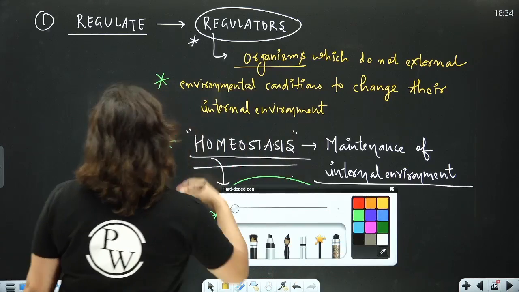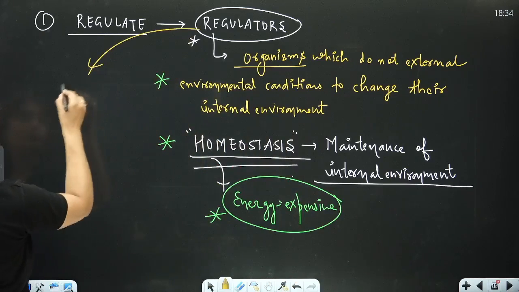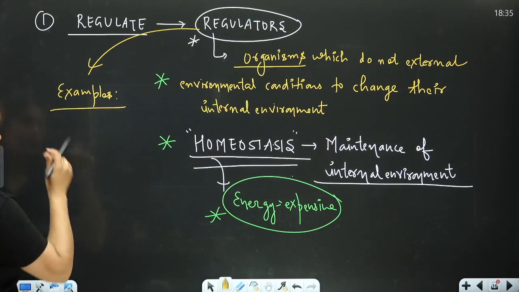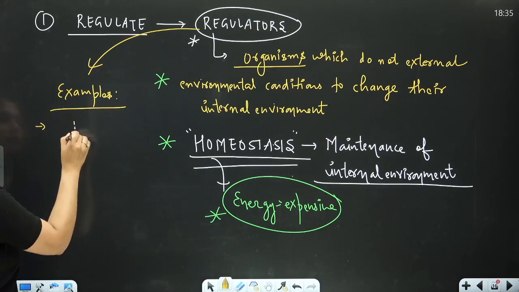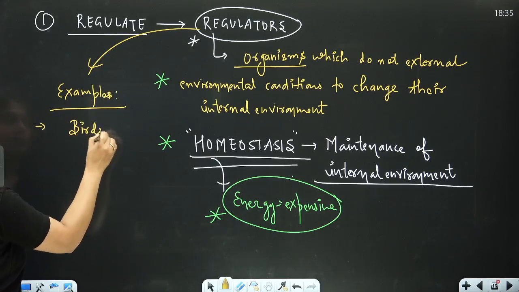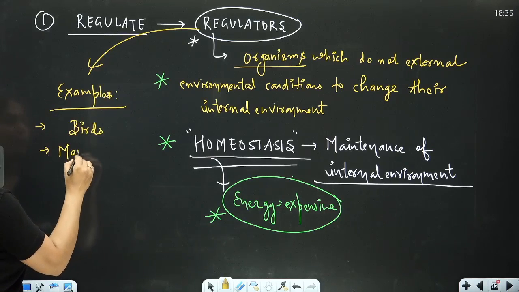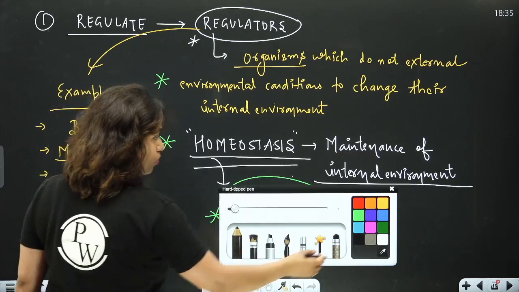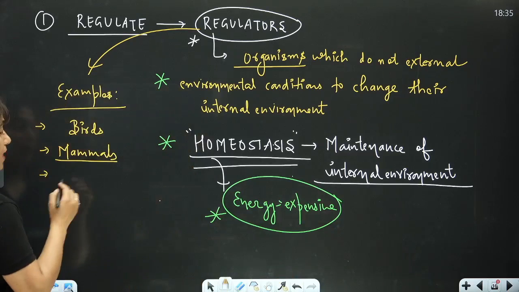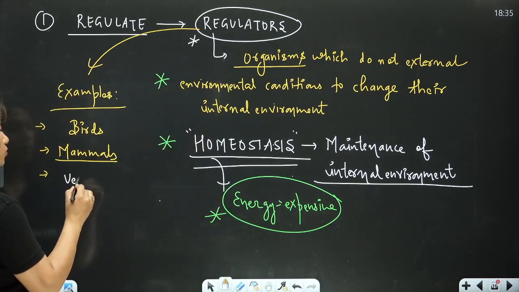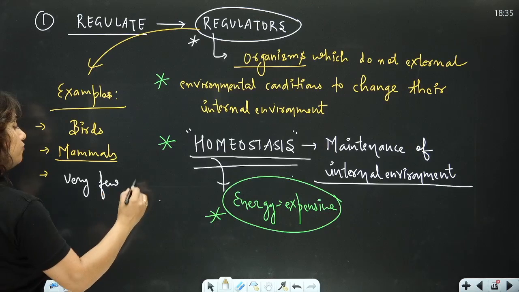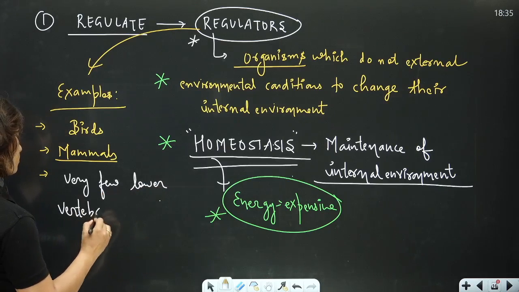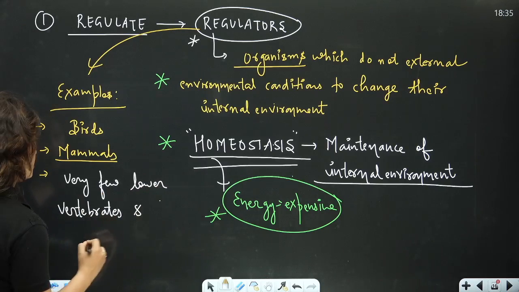Then what are the examples of regulators? The examples of regulators are all the birds, all the mammals, the human beings, rats, whale, elephant, then very few lower vertebrates and invertebrates.